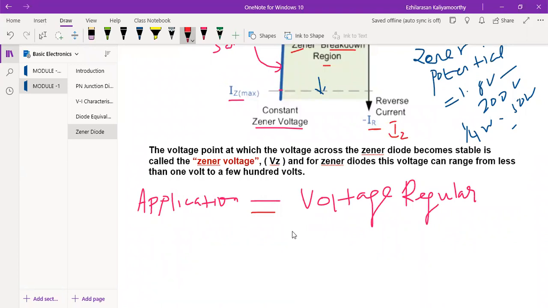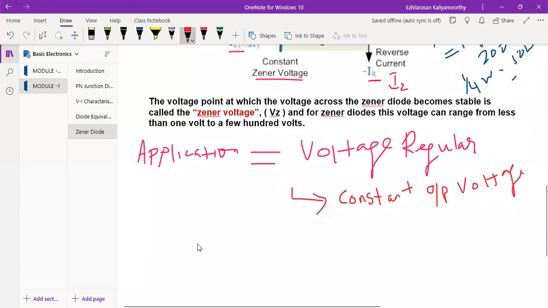So the function of the regulator is to provide a constant output voltage. Where will it be used? When you design any power supply, you use so many components, and one more is the voltage regulator.